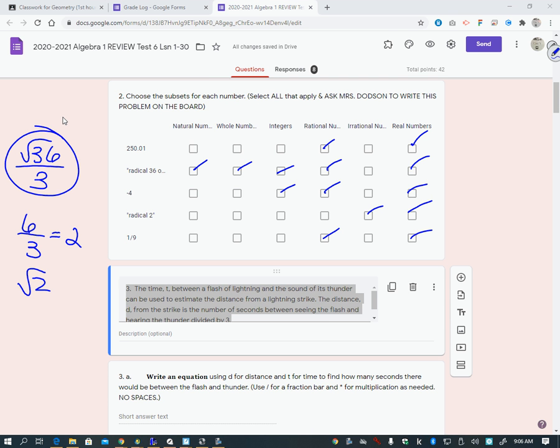So 25.01 is worth 1 point, but I have to get those 2 boxes exactly right. Okay? Does that make sense? I can't just get one of them right, and I can't select something extra that it's not supposed to be. You follow me? That's how we get points on this. All right, let's keep moving.